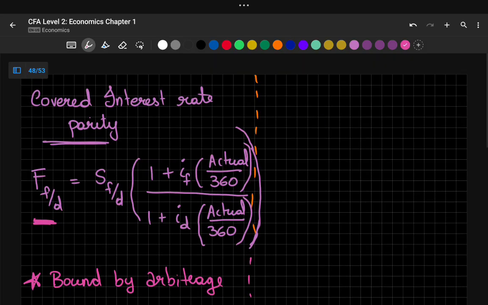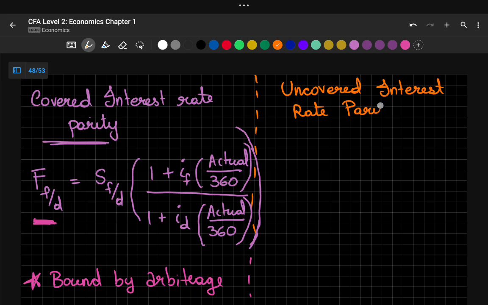Now we'll look at the equation for uncovered interest rate parity. The uncovered interest rate parity equation is that the percentage change in the expected spot exchange rate is equal to the interest rate differential between the foreign currency and domestic currency.